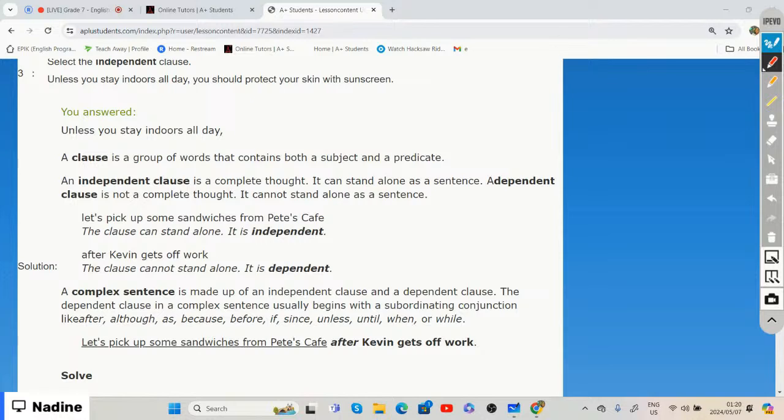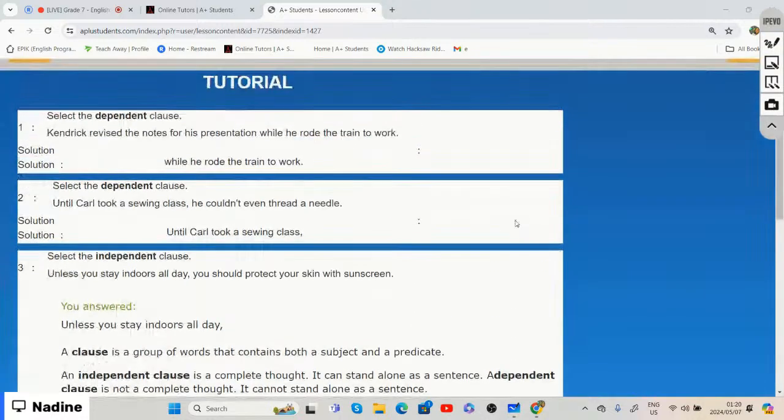All right. Okay, so now it says select the dependent clause. It says Kendrick revised the notes for his presentation while he rode on the train to work.